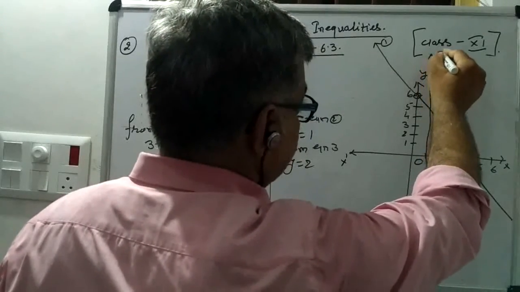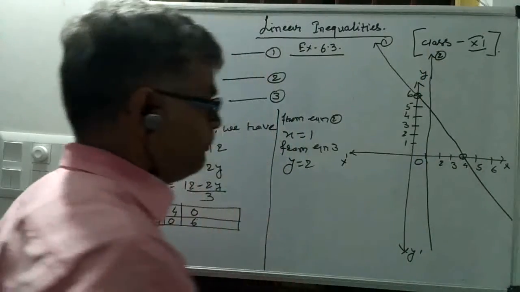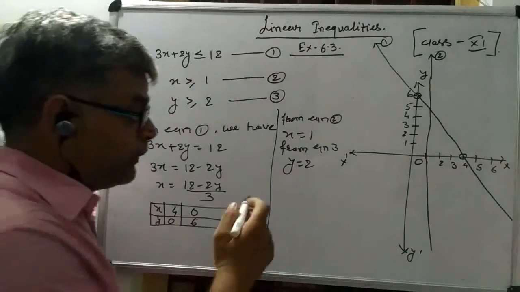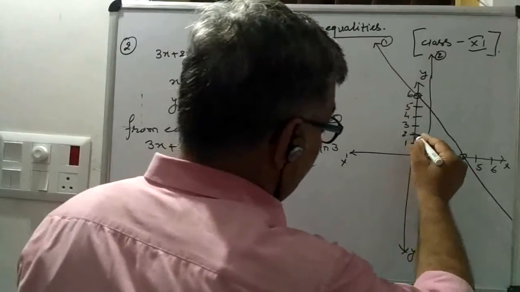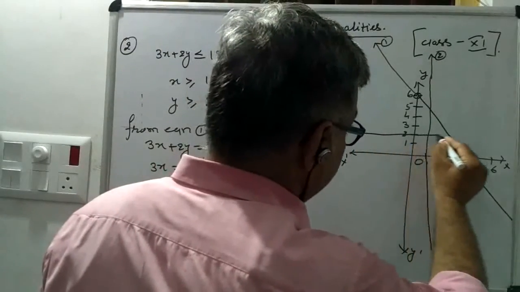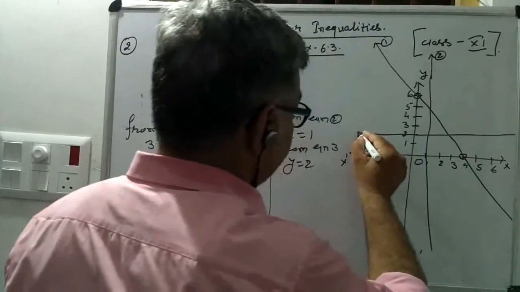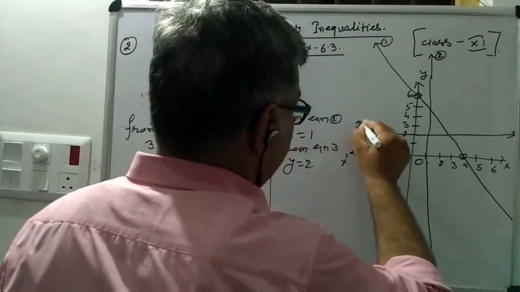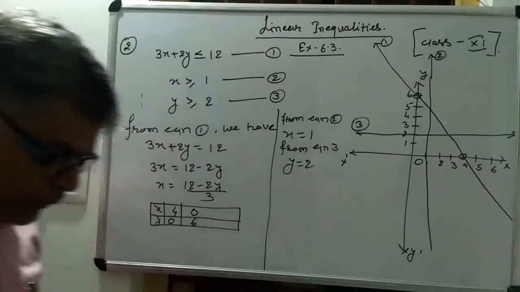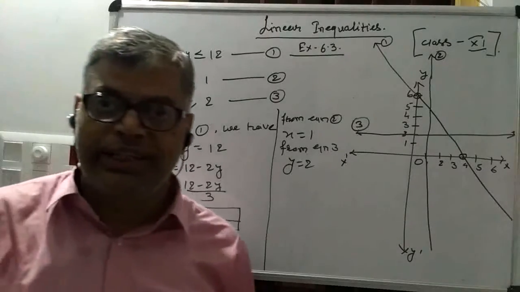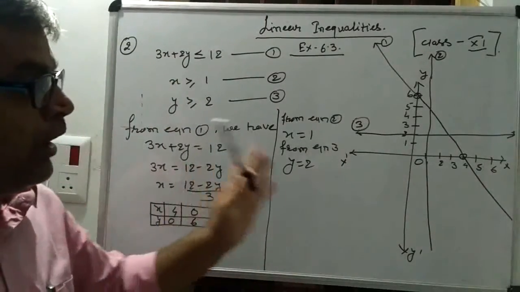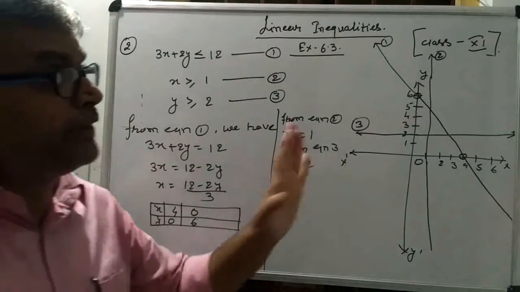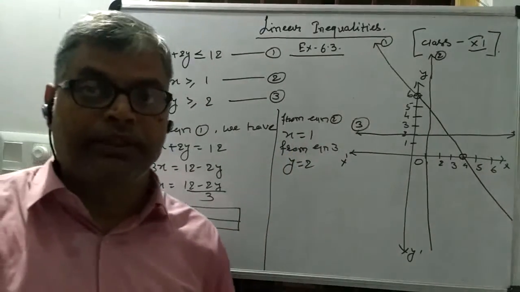Produce it. This is the line representing equation 2. And now equation 3 is y equals 2. This is the required line representing equation number 3. So in this way, we have represented all three equations graphically.